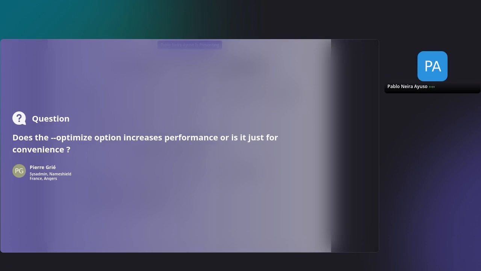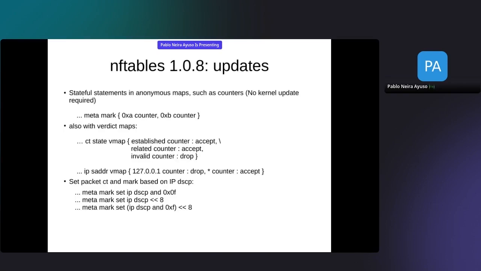The problem with rule sets is basically linear rule set inspection, and sets and maps allow you to basically match, in case of an exact match, in O(1), and in case you are using ranges or prefixes or something that is wider, it's a logarithmic matching lookup time.